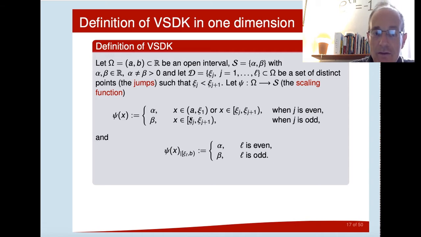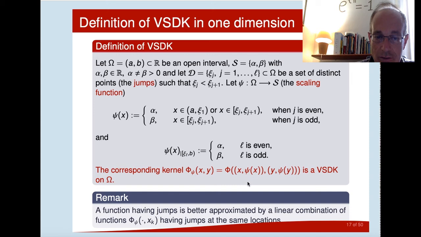One is alpha, when x is between a and c1, or x is between two jumps. Otherwise, the value is beta. Moreover, what we want is that the psi related to the interval CLB is alpha when L is even, or beta when L is odd. So we need this more information, otherwise something doesn't work. And so the corresponding kernel is called a VSD kernel on omega.